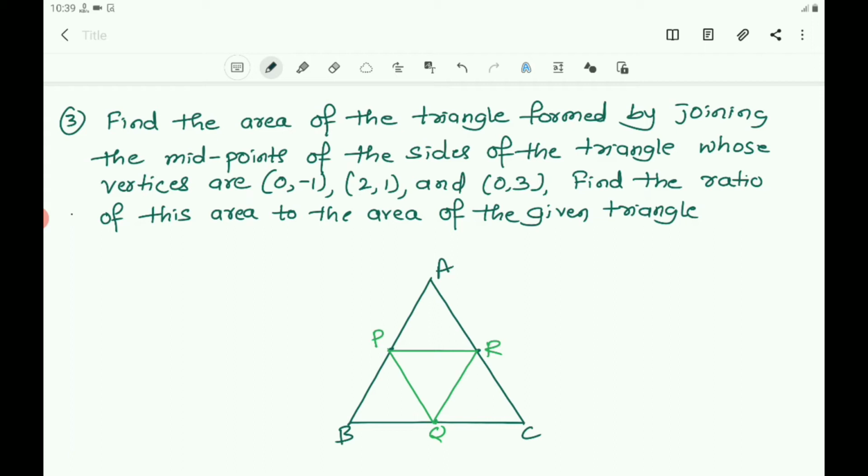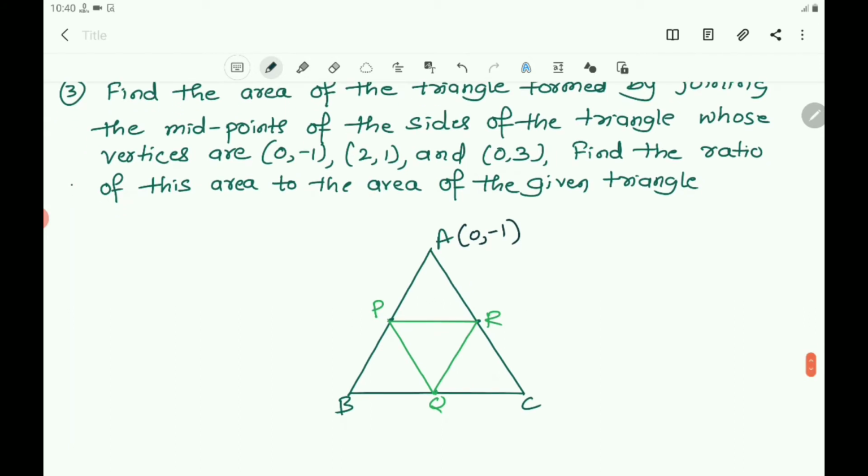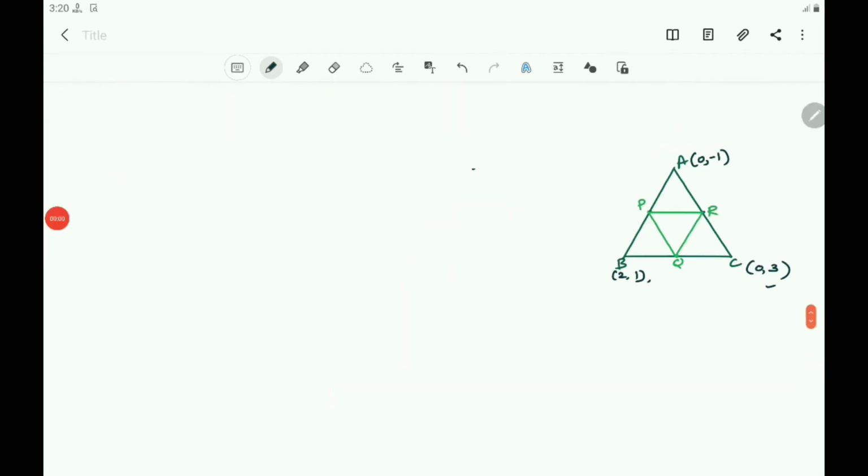Now the vertices of the triangle are given. So let us consider A is a vertex with the coordinates 0, minus 1. B is a vertex with the coordinates 2, 1. And C is a vertex with the coordinates 0, 3. And we have to find the coordinates of the midpoints by using the midpoint formula.